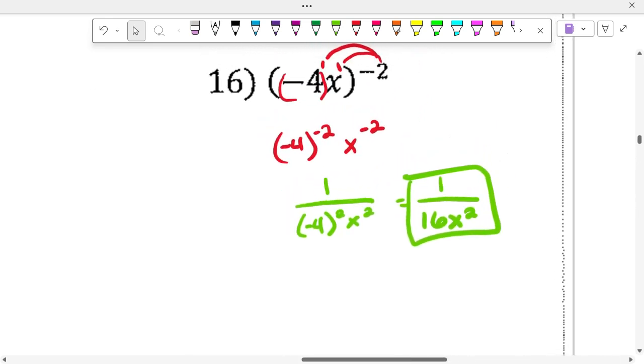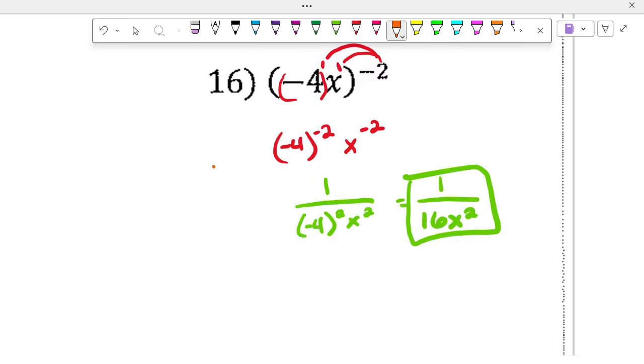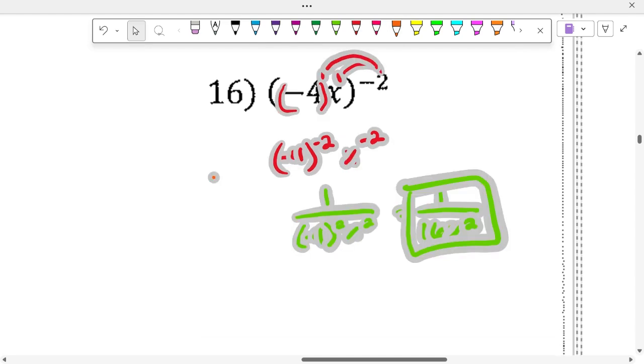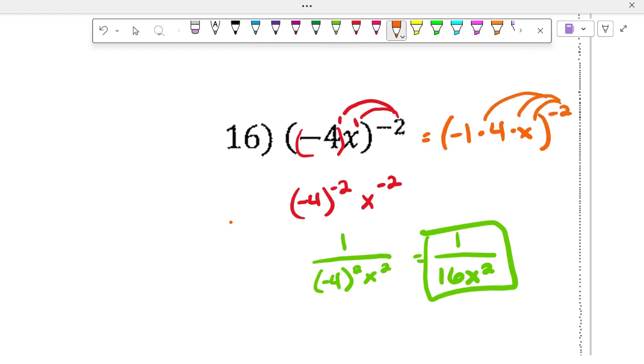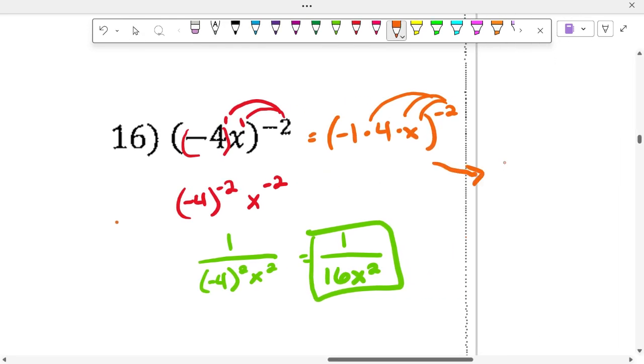Because again, this negative is technically not an exponent, it's the coefficient. So another way you could have thought about it was negative 1 times 4 times x all to the negative 2. So if I put that to all of them, that would have been negative 1 to the negative 2 times 4 to the negative 2 times x to the negative 2.